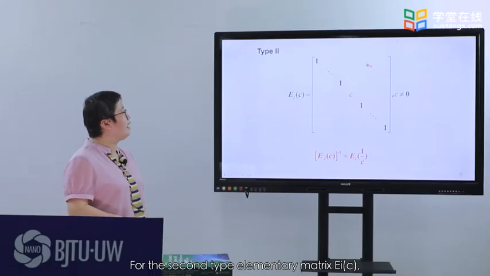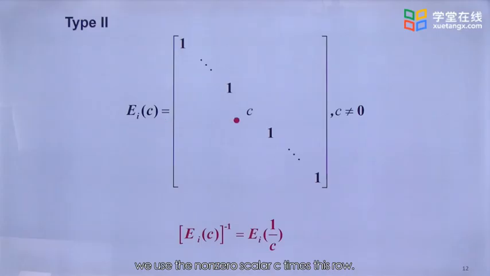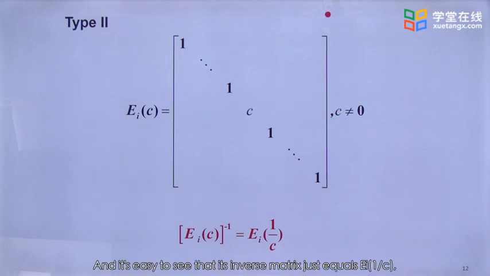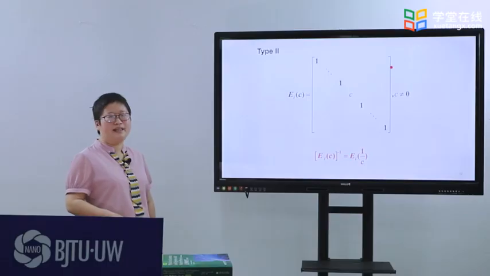For the second type elementary matrix, Ei(c), this means for the ith row, we multiply by the non-zero scalar c. It's easy to see that its inverse matrix just equals Ei(1 over c). The scalar now becomes 1 over c. If you use 1 over c times the ith row, then it becomes the identity matrix, right?